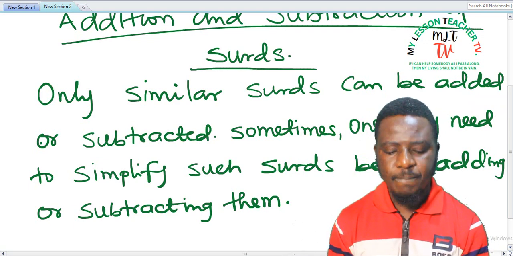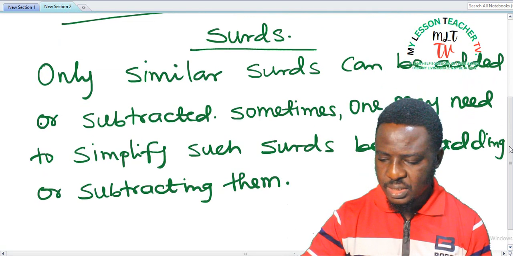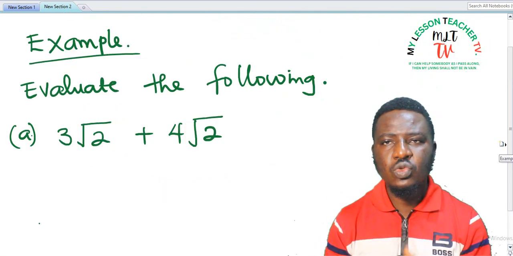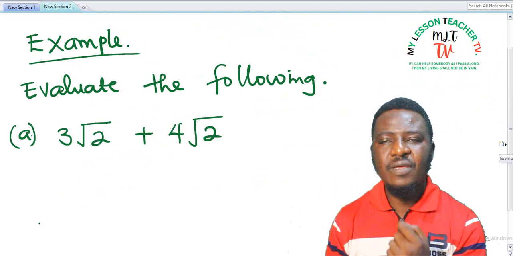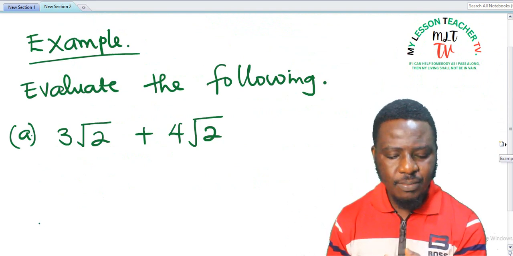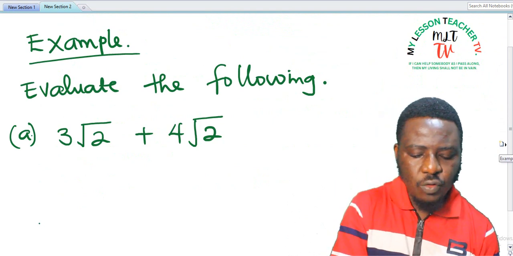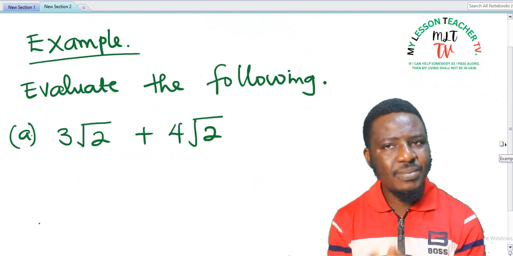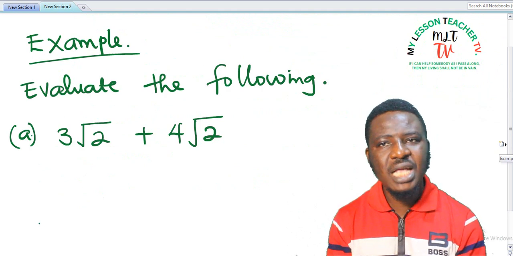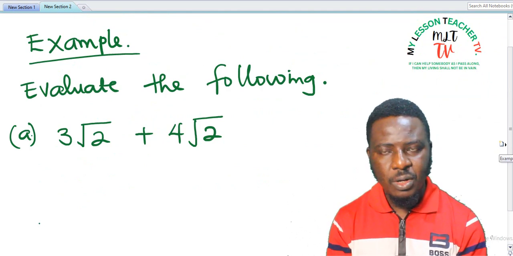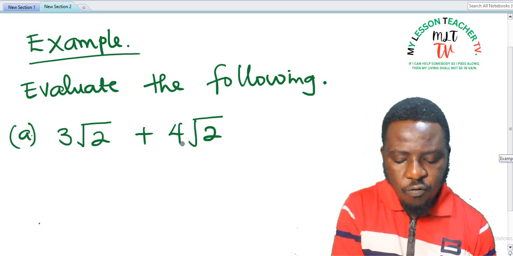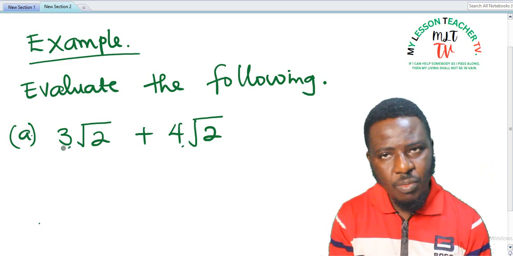Remember, in one of our last classes, when we were discussing similar surds, we said two surds are said to be similar if their irrational parts are the same. For example, you have 3 root 2 plus 4 root 2. These are said to be similar surds because their irrational parts are the same. And what are the irrational parts? Root 2 and root 2. 4 and 3 are rational numbers.